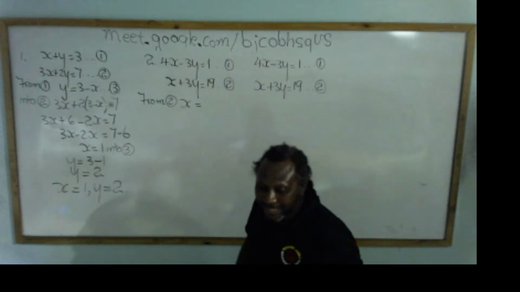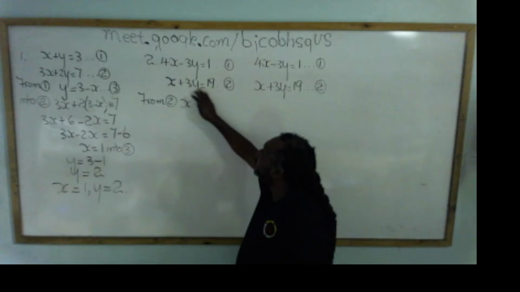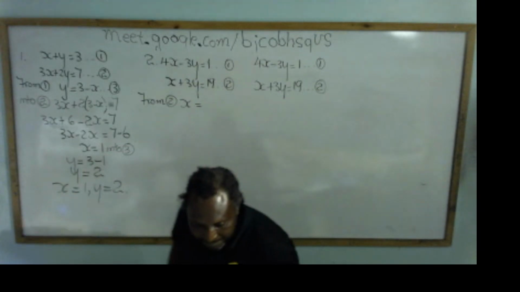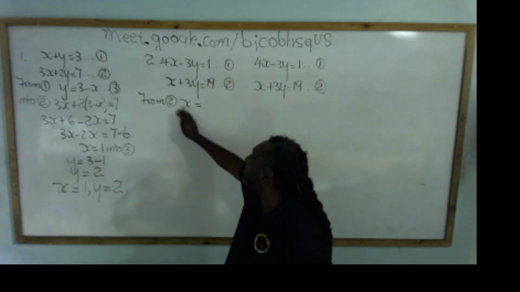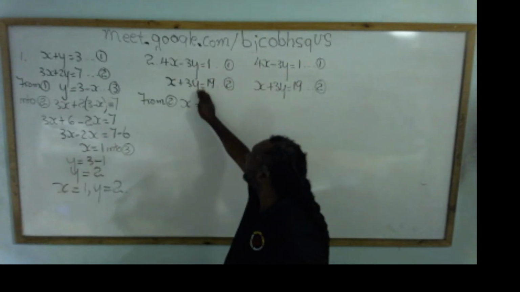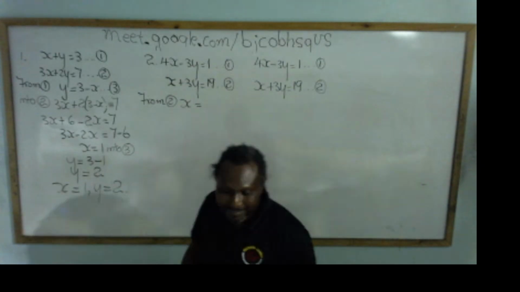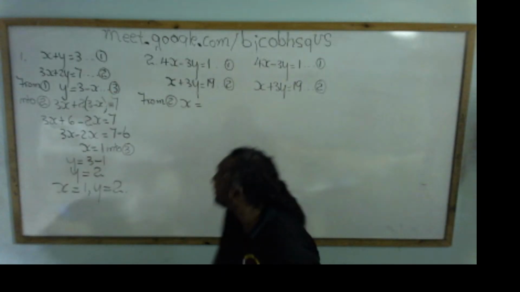Let me see if anybody can figure that out. By transposition, what will x be equal to in this case if we use equation 2? Let's go. From equation 2, x is equal to, by transposition, 3y minus 19.